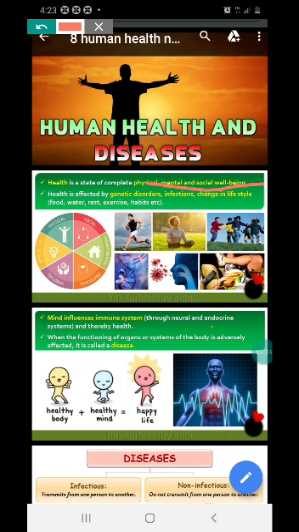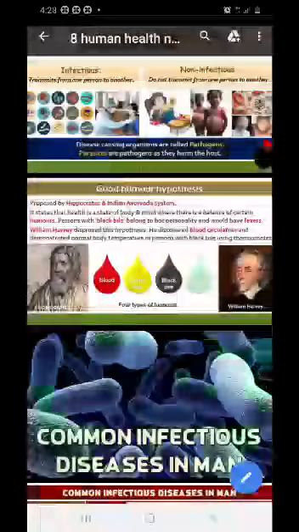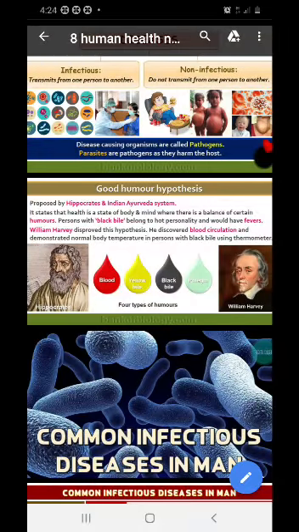When do we call something a disease? When the functioning of an organ or organ system of the body is adversely affected, it is called a disease. Now, diseases are of two types according to the mode of transmission: infectious and non-infectious.